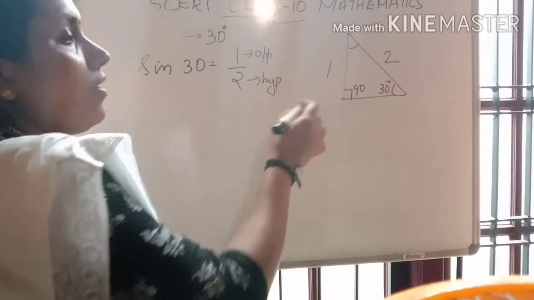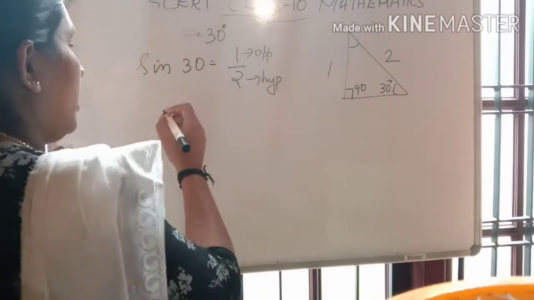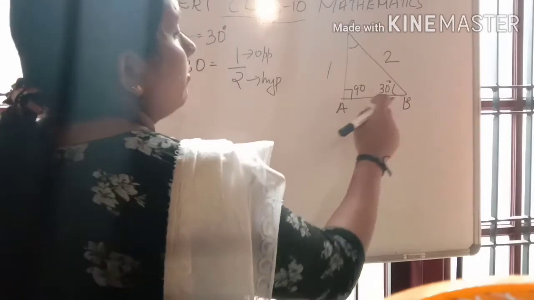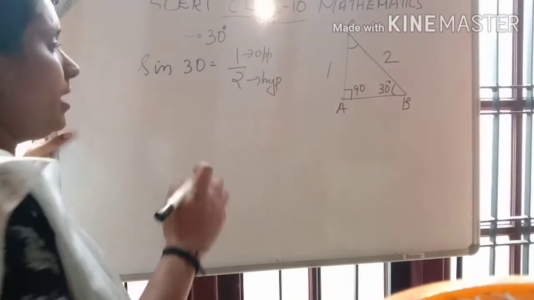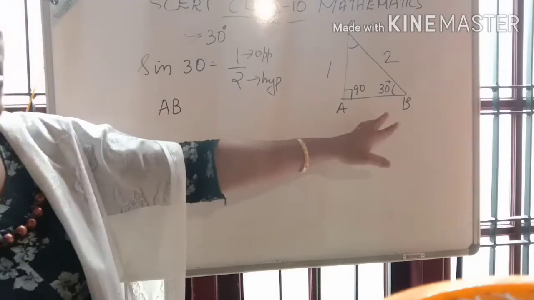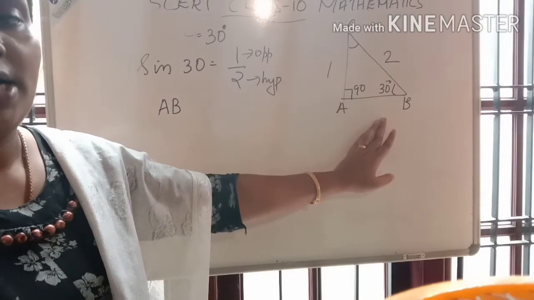Using the Pythagoras theorem, we can find out the value of AB. I don't know the side AB, so we can easily find it out. This is the base of the right angled triangle.